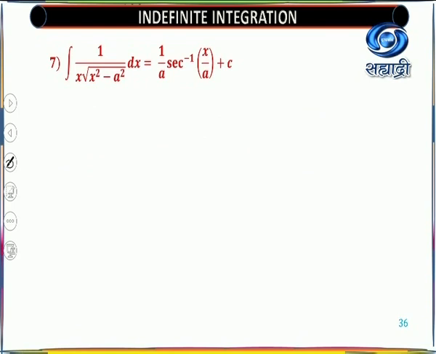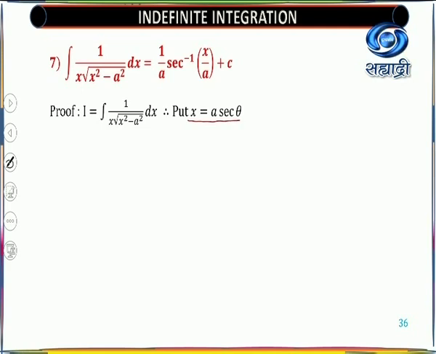So now the next formula is integral 1 upon x root x square minus a square dx equal to 1 upon a sec inverse of x by a plus constant of integration. Now look here, again this is based on substitution. So what is the substitution? x equal to a sec theta.